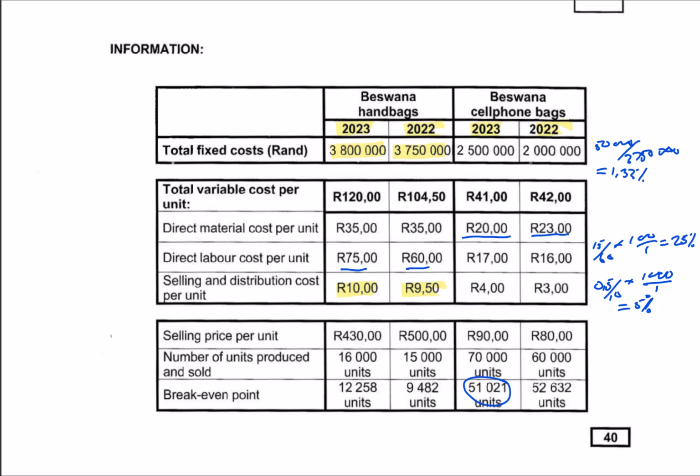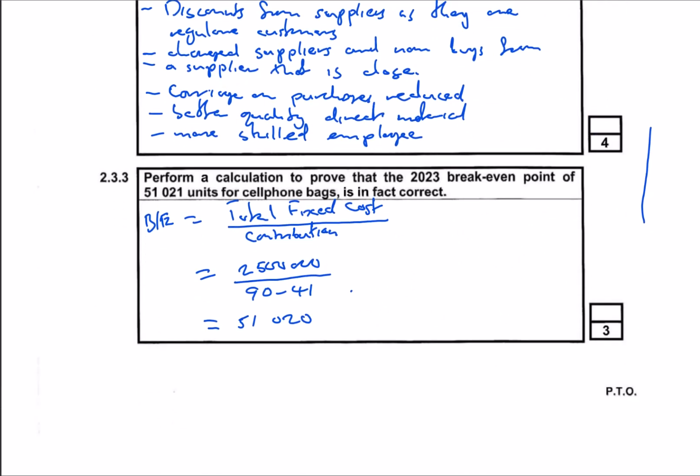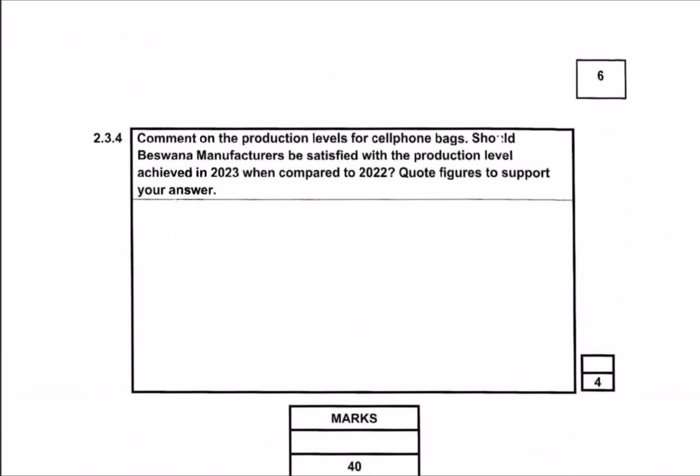Then the next question says, comment on the production levels of cell phone bags. Should Botswana manufacturers be satisfied with the production level achieved in 2023 when compared to 2022, and quote figures to support your answer.